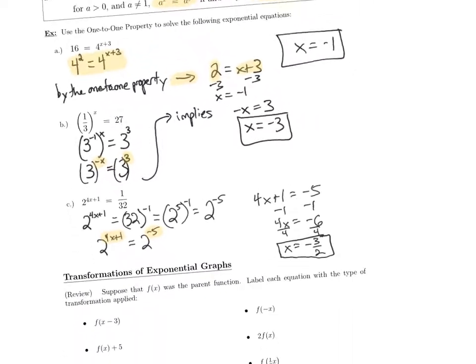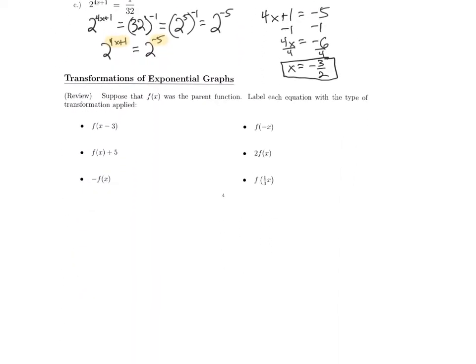All right, our next topic is transformations of exponential graphs. This is really just bringing back some of the content that we were studying back in Unit 1, I believe around section 1.6 or 1.7, where we were looking at how we can take a parent function and then transform that parent function.